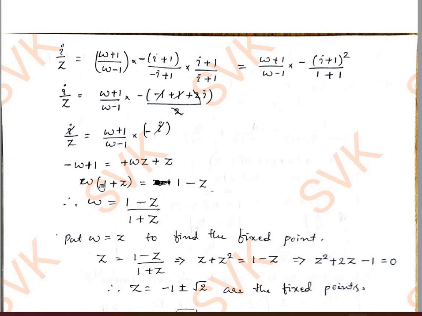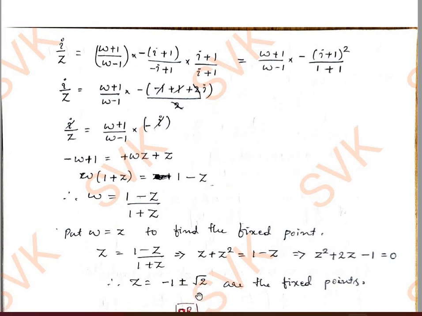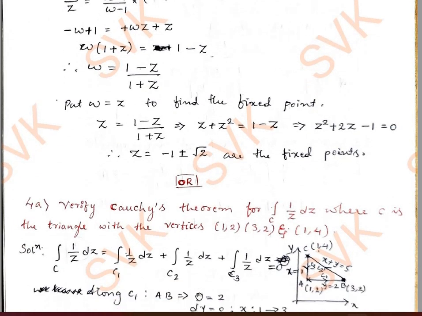Taking w common, you are left with w equal to (1 minus z) divided by (1 plus z), which is the required BLT. As they have asked to find fixed points, also called invariant points, replace w by z. We are going to get the quadratic equation z square plus 2z minus 1 is equal to 0. So solving that, we are going to get z equal to minus 1 plus or minus root 2, which are the fixed points.